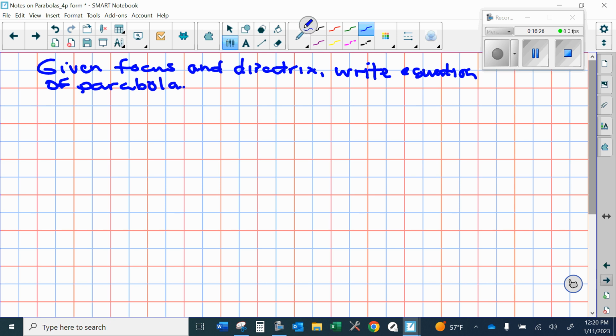Okay, so let's say the focus is 0, -3. The directrix is going to be y equals 3. Okay, what's the equation?